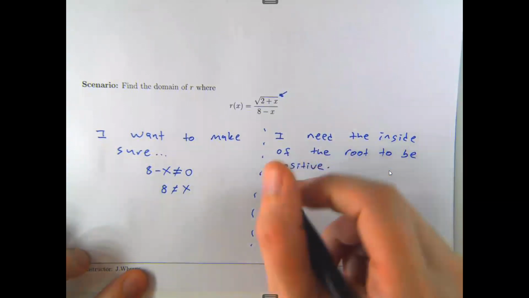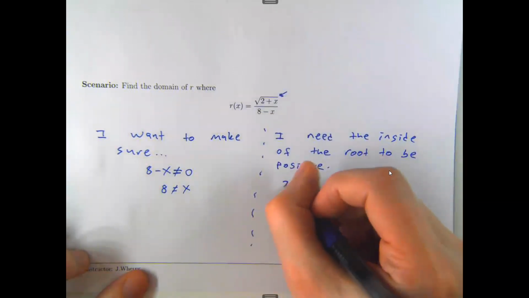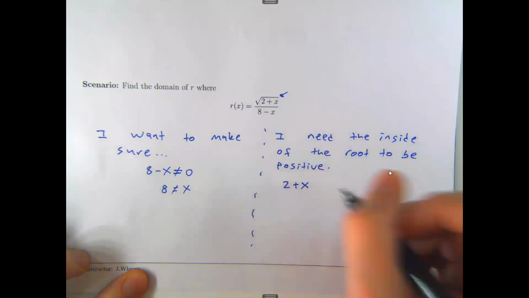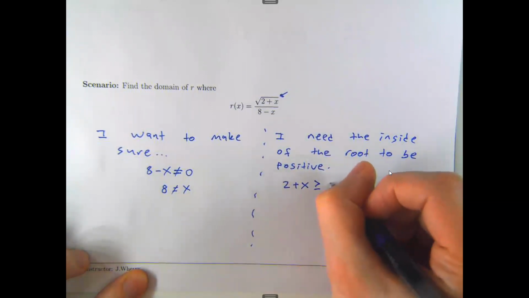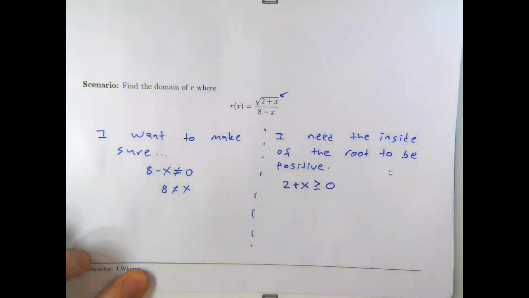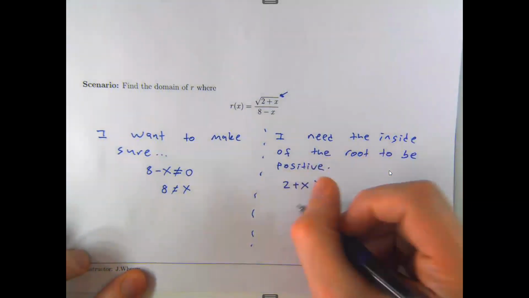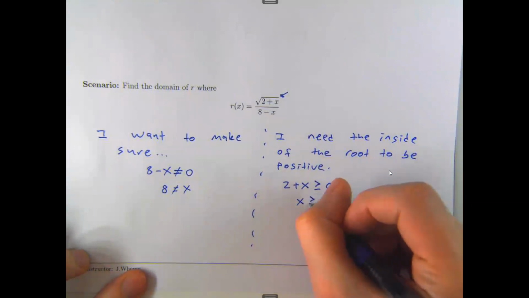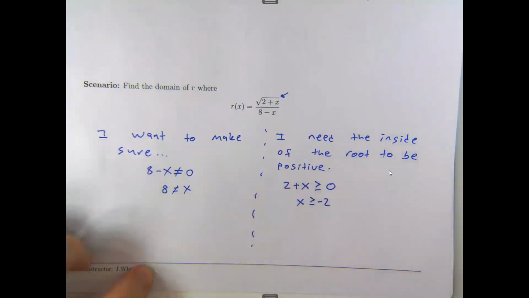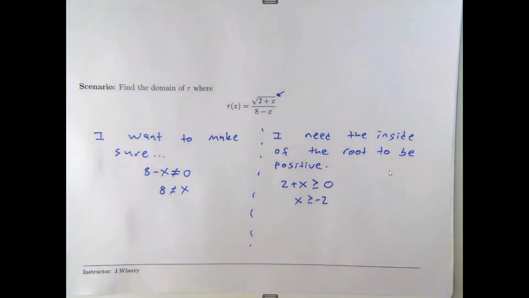So I'm going to take the inside of this expression, 2 plus x, and I need that to be bigger or equal to 0. Now, if I subtract this 2 to the other side, this tells me that I need x values that are bigger or equal to negative 2.